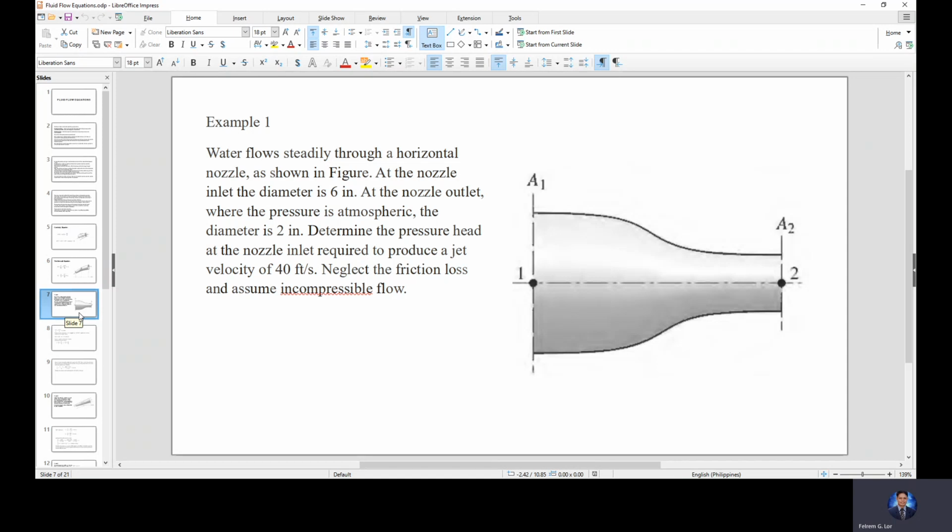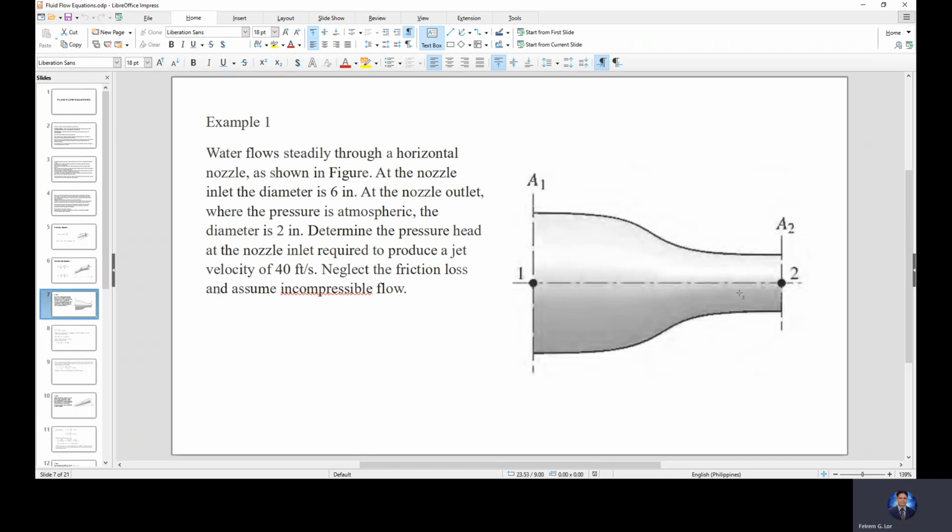Based on those things, we can have some examples. Water flows steadily through a horizontal nozzle. So this is our nozzle. It is positioned horizontally, so if we let this be our point 1 and this one our point 2, point 1 and point 2 have the same elevation.